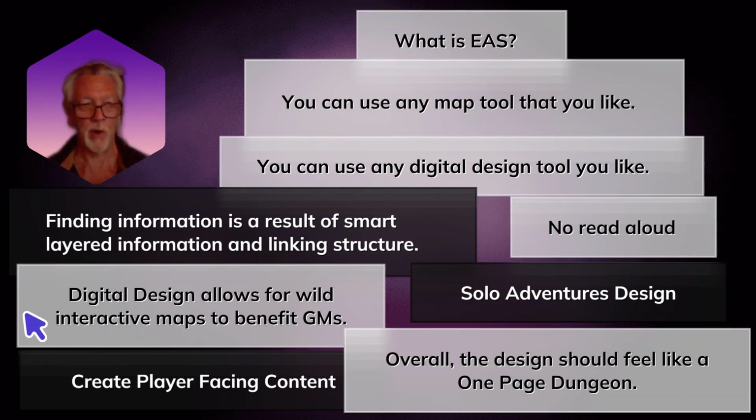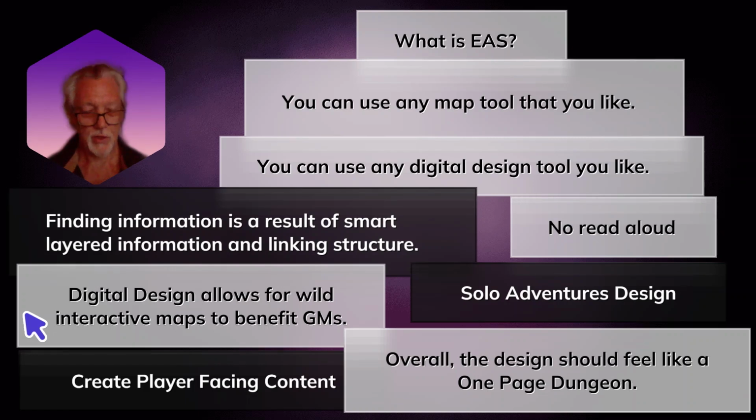Digital design allows for wild interactive maps to benefit GMs. What I mean by that is, at least with Genially, their tool allows you to set up objects or elements to appear or disappear. And so you can, and this is part of the layering that goes on, layer maps on top of each other.